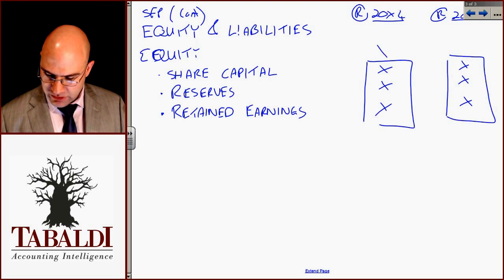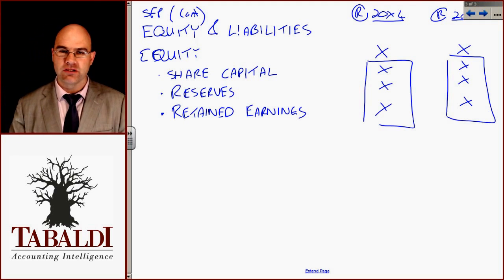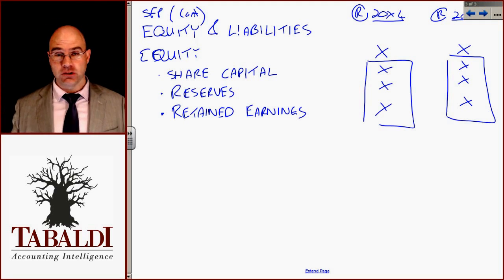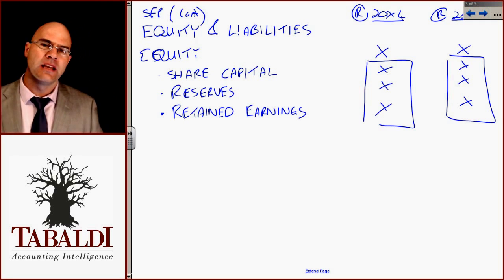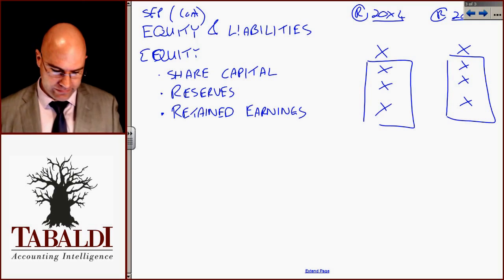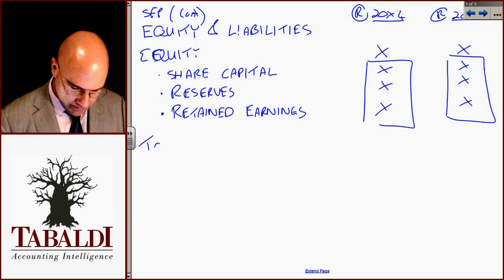Now later on in your studies, you'll see life gets a bit more complex because we have something called non-controlling interest. It's when you have a group of companies and you put it all into one big group financial statements. That you'll worry about in FAC1601 going forward. So equity, then you will have total liabilities as your next heading.